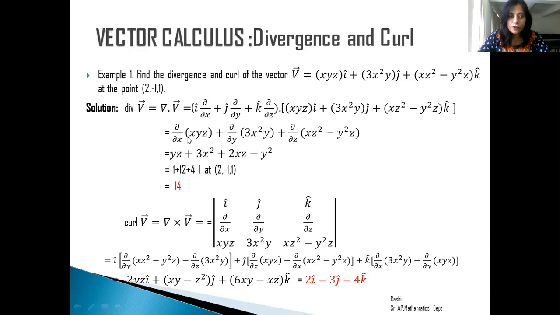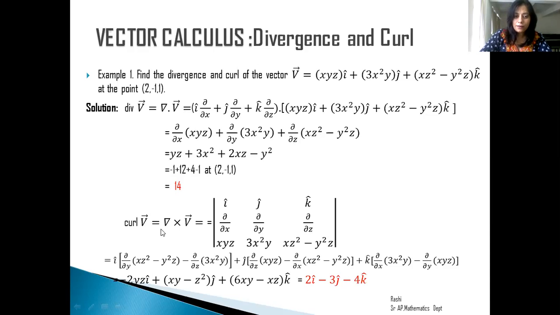Now differentiate. If you differentiate this with respect to x, you will get yz. Here you will get 3x square. Here you will get 2xz minus y square. At the given point, if I find out the value, it is 14. So divergence is 14, which is a scalar.